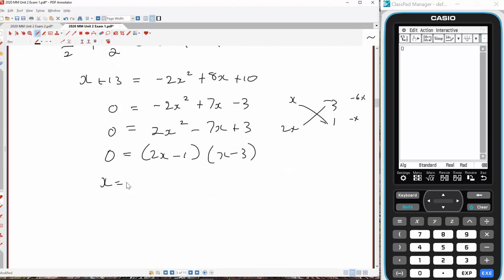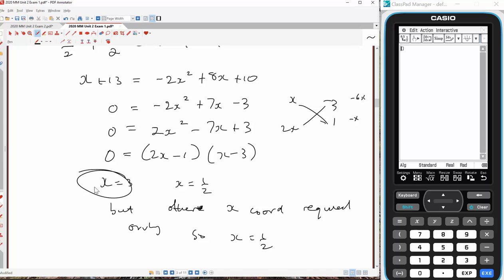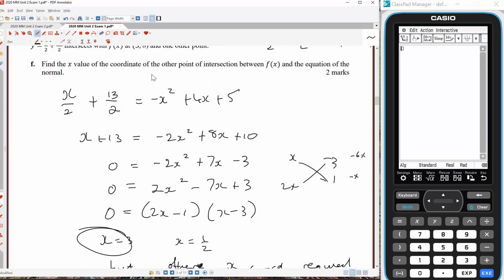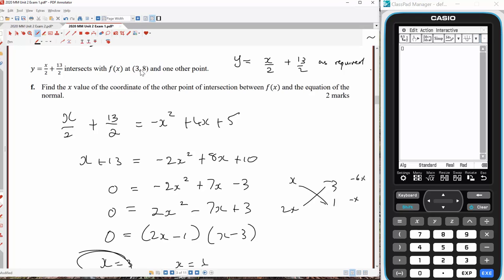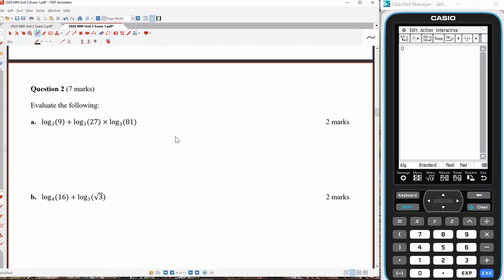So x equals 3, x equals a half, but only the other x coordinate is required. So x equals a half. We already know that x equals 3 is the point there, and we require the other point. So there's the other point.